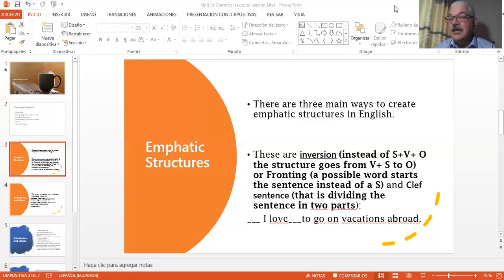No, I will say I live in Santo Domingo, but I can use a cleft sentence there. And I could say, for instance, the place where I live is Santo Domingo, okay? I could also say, she works in a fast food restaurant, okay?